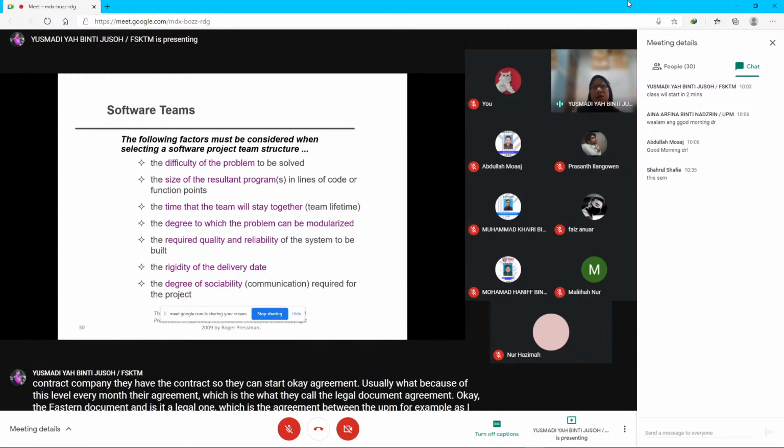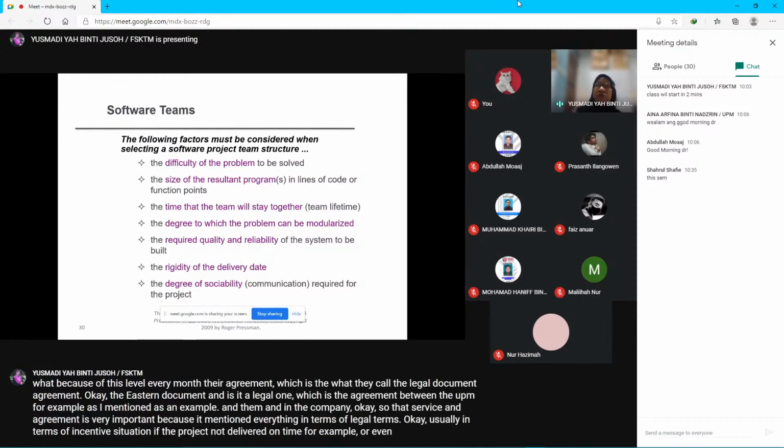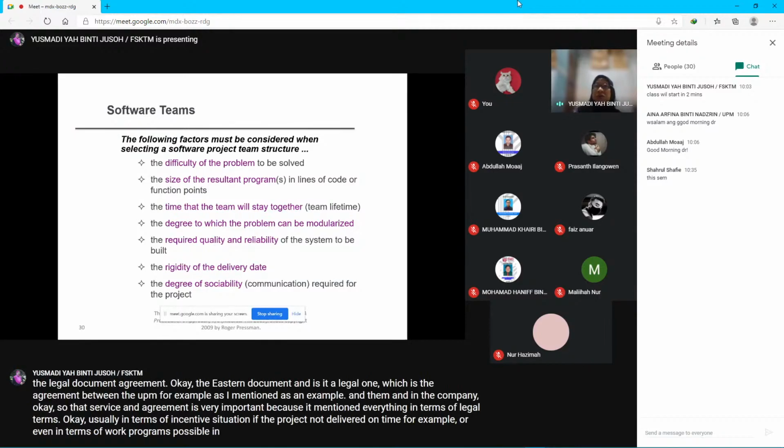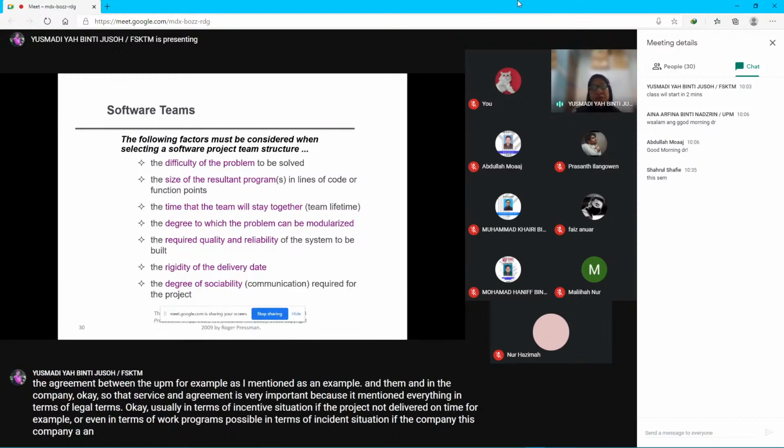In certain situations, if the project is not delivered on time, or in terms of work progress, if company A is unable to deliver on time, what happens?